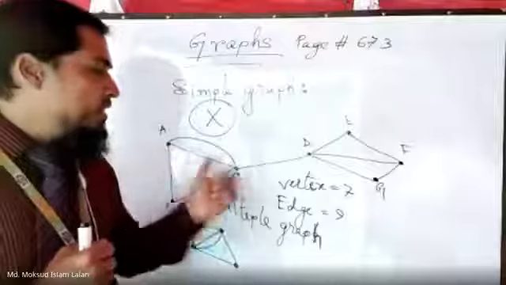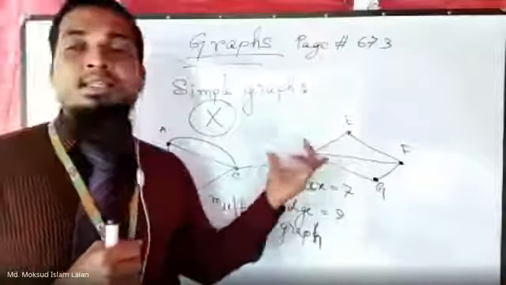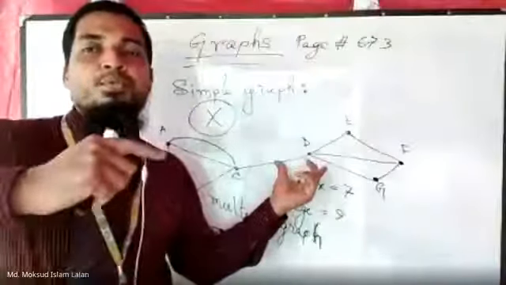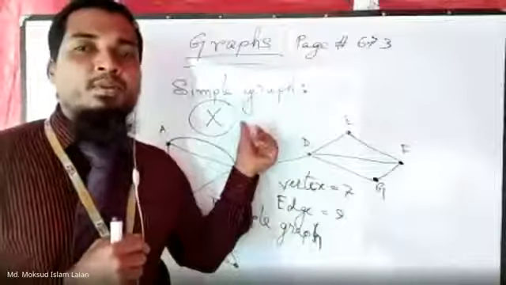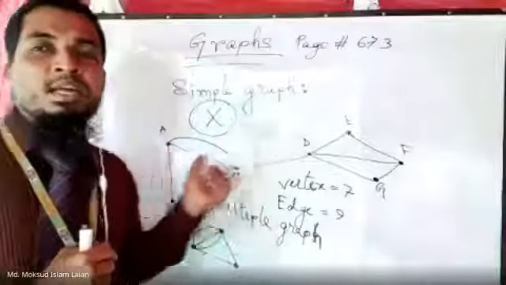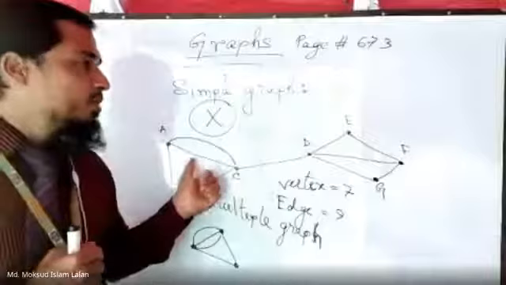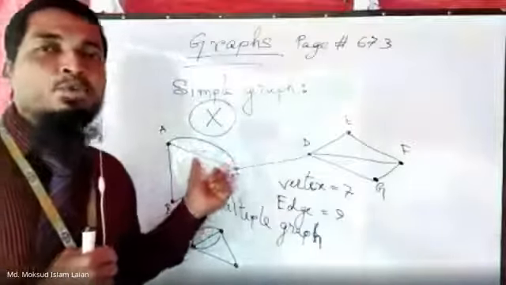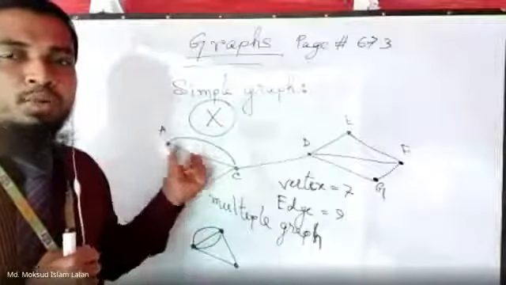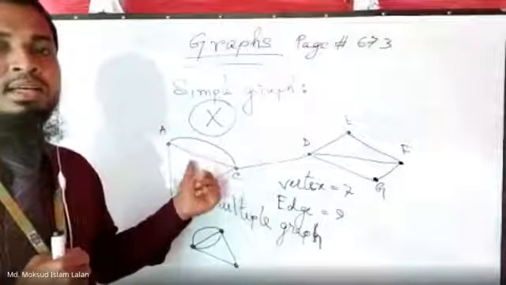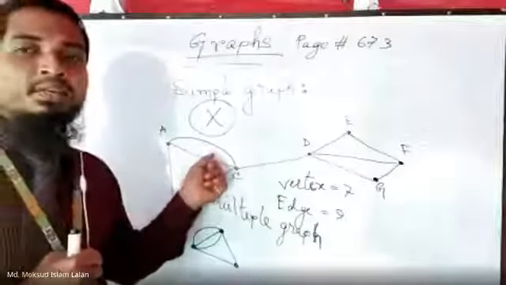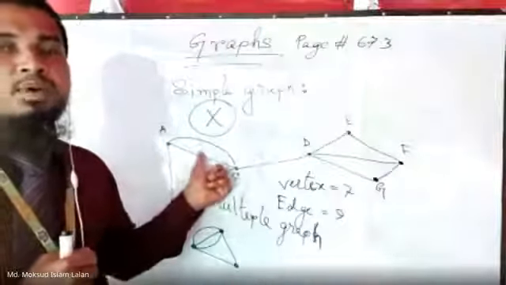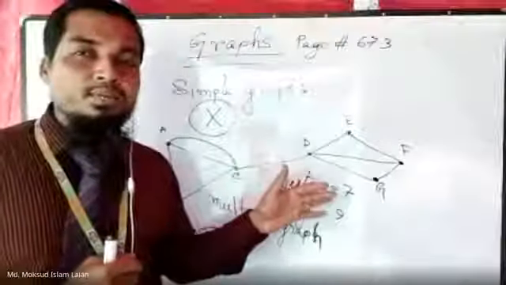If you find it like this, then you can say this is a simple graph. If not, then that is multiple. If two vertices are connected with more than one edge, it's called a multiple graph. Is it clear, dear student? Yes, sir.